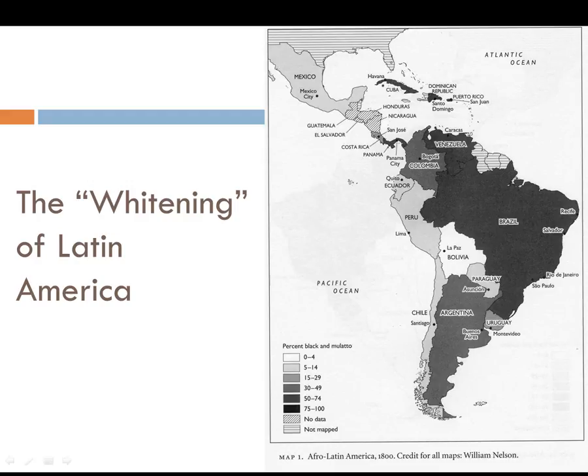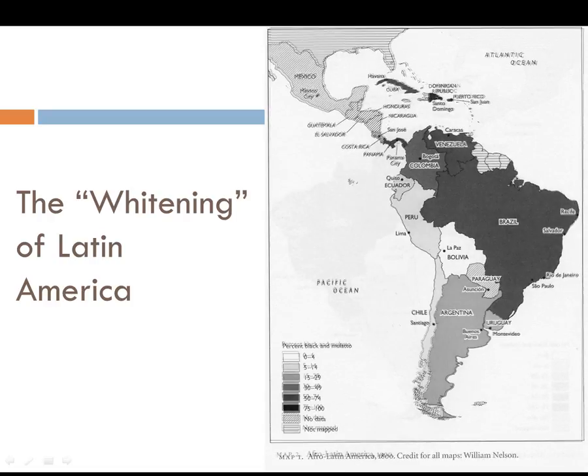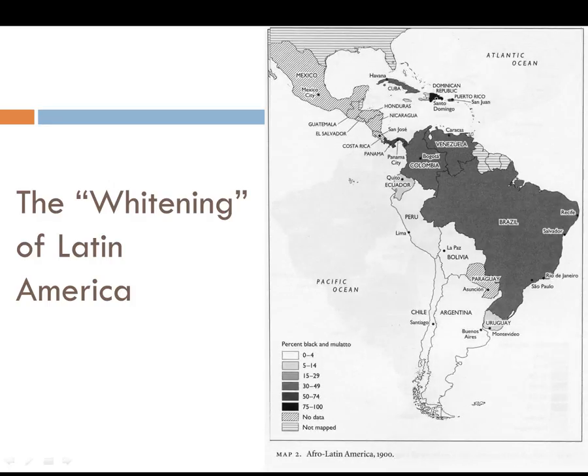And so if we move forward over time here, we can move to 1900, so 100 years later, and we have still a lot of no data. But if you notice here, we have a change, right? Argentina becomes much lighter in terms of skin tone, and the proportion, or at least the number of people who are black or mixed race, and Brazil and Venezuela and Colombia, all three places with at least a non-inconsequential population of African slaves, become lighter by 1900, that is, whiter skin.